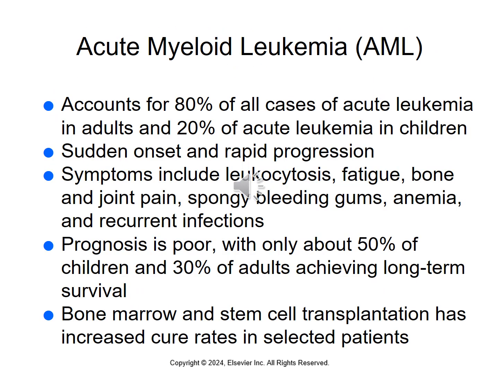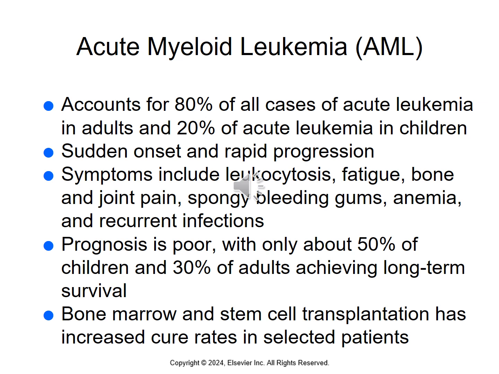Acute myeloid leukemia, AML, accounts for about 80% of all cases of acute leukemia in adults and 20% of acute leukemia in children. Sudden onset and rapid progression. Symptoms include leukocytosis, fatigue, bone and joint pain, spongy bleeding gums, anemia, and recurring infection.